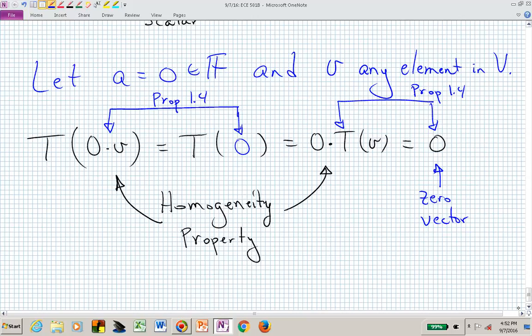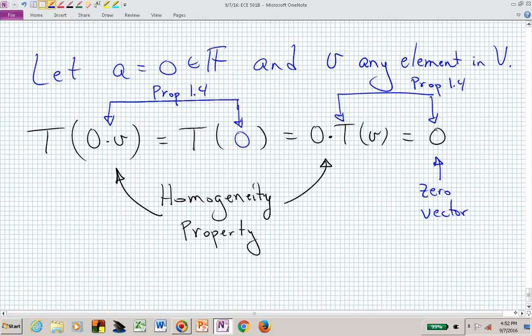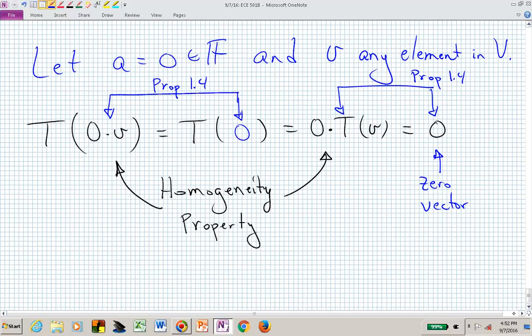And so now what does that allow us to conclude? If we look at the second and the fourth entry in this string of equalities, what have we now said? If we have a linear transformation on the additive identity, or on the 0 element, it needs to map to the 0 vector.